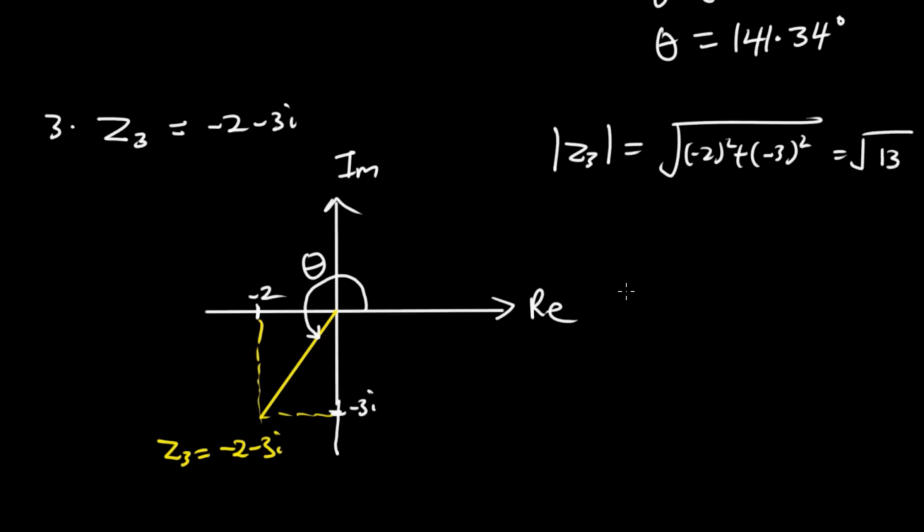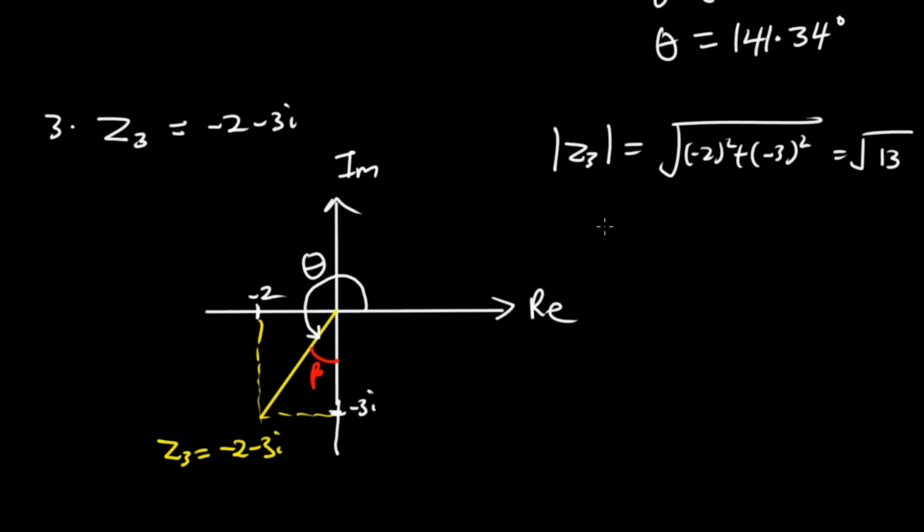Now let's look at the amplitude, which is also the argument of the complex number. We have theta, which we can calculate directly, but it depends on your knowledge of trigonometry. So what I'm going to do here is to find this angle. I'm going to name it beta.